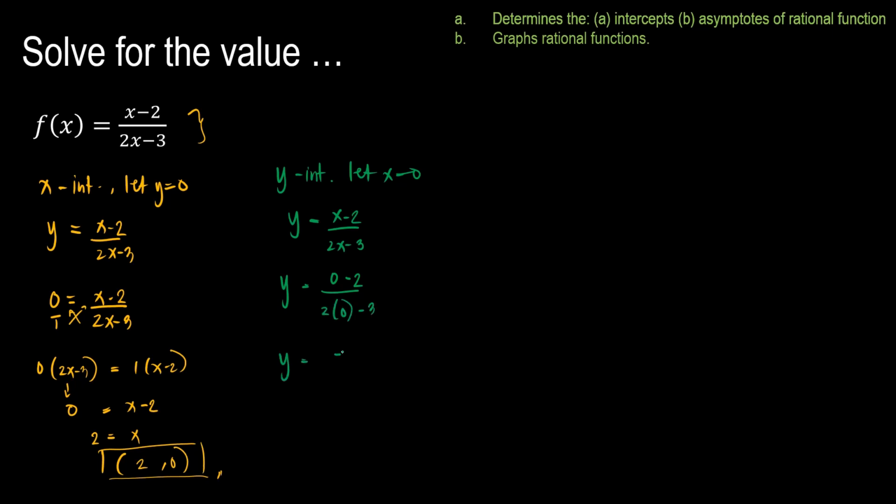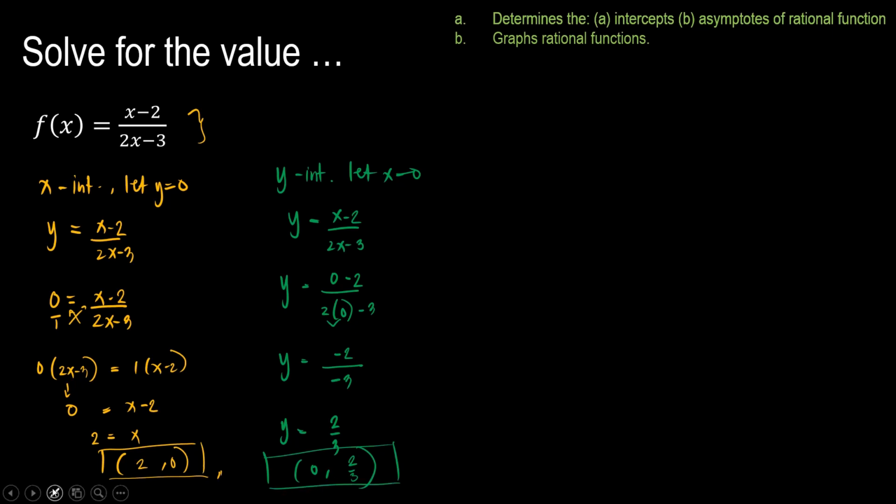Y is equal to negative 2 all over, since ito ay equal sa 0, so negative 3. Okay? So y is equal to positive 2/3. Okay, so therefore, given that the x is equal to 0, our y-intercept is 2/3.